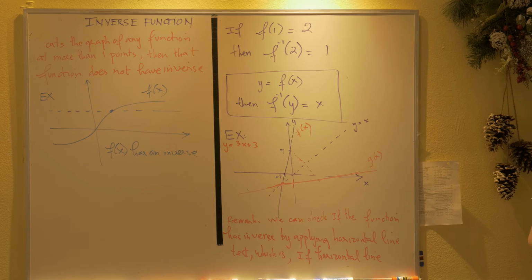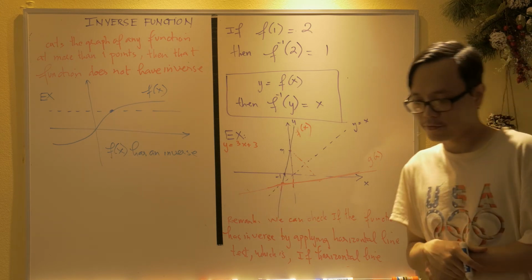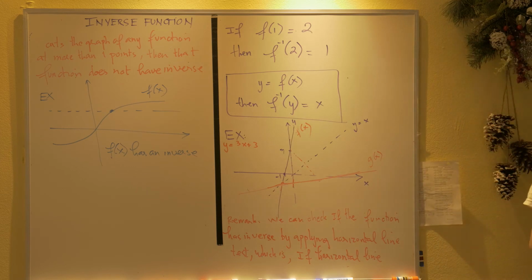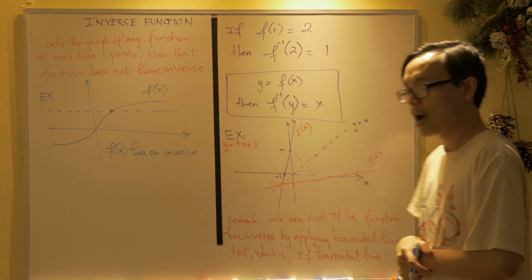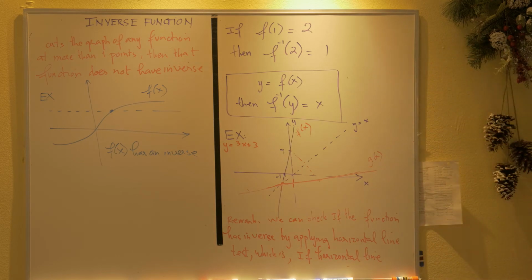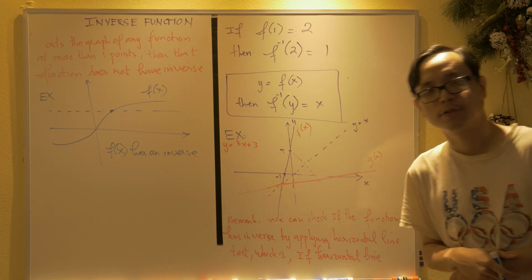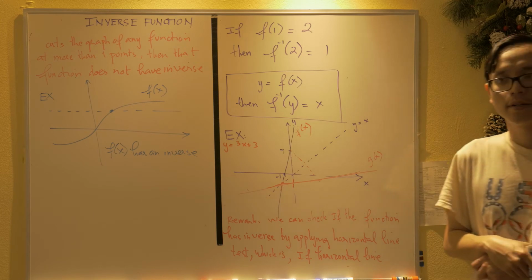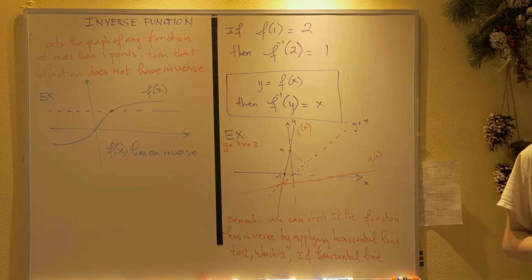Okay. So that is the way to check if the function has an inverse or not. Okay. By applying the horizontal line test. But in order to apply the horizontal line test, you have to graph that function. Okay.